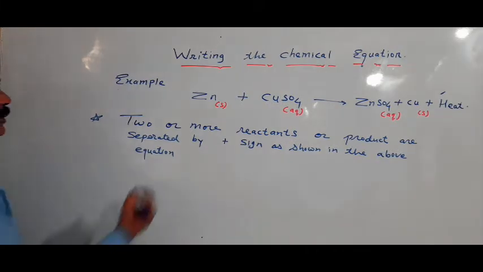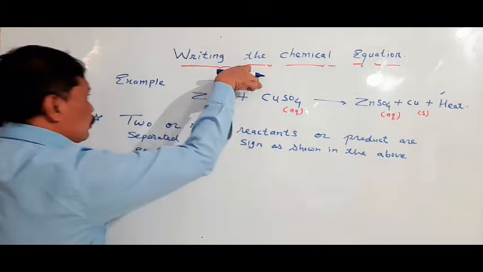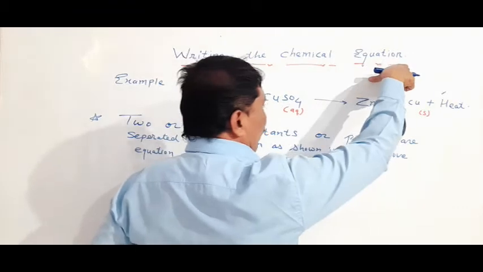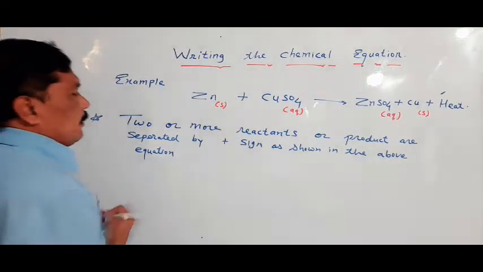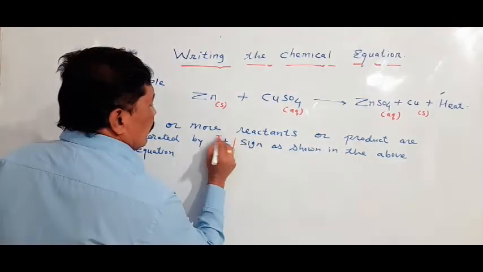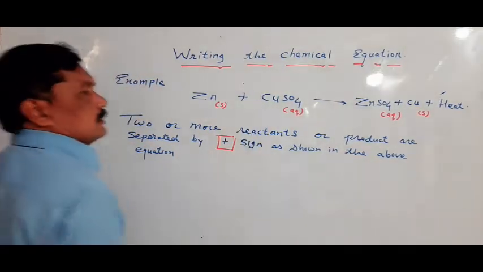The second point, two or more reactants. Here we have two reactants, here we have two products, and they are separated by plus sign.